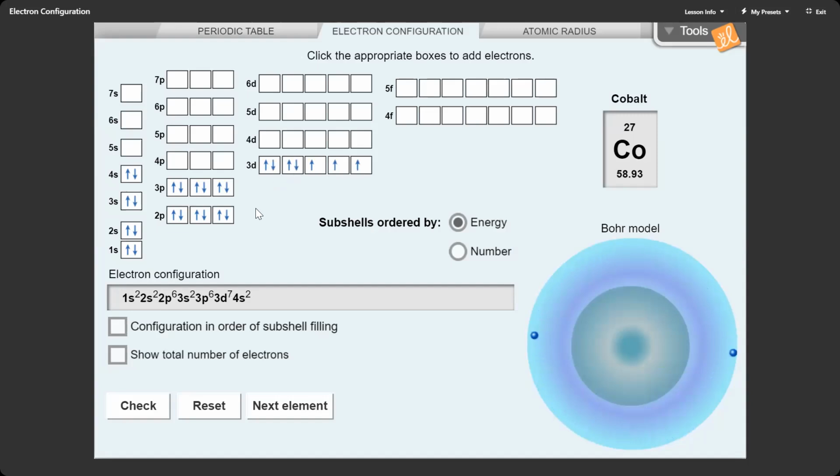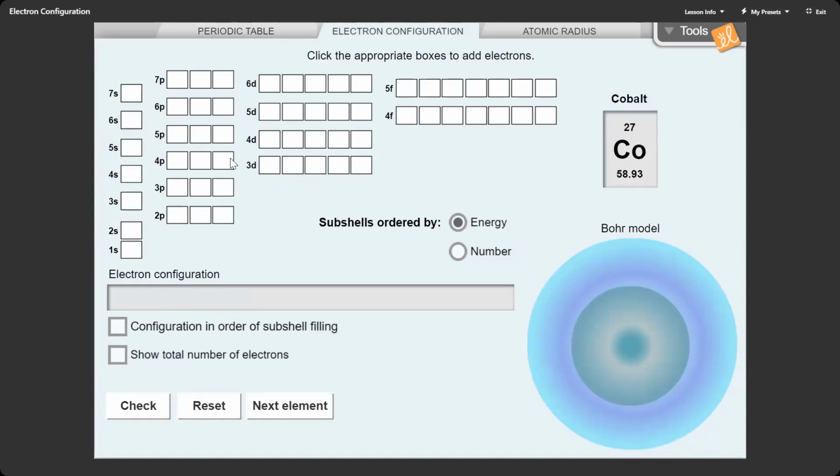This is the electron orbital diagram of cobalt. For the electron configuration, remember in the last video, I emphasized that 4s2 has to come before 3d7. So this is not correct. This has to switch. There has to be 3p6, then 4s2 before 3d7.